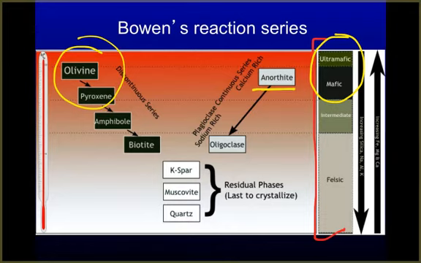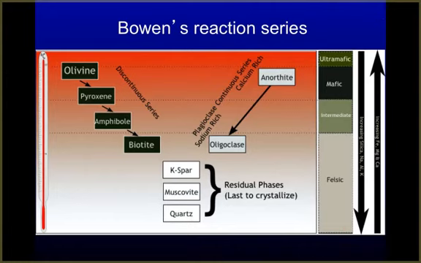Now, there are no modern ultramafic volcanic rocks. There are ancient ultramafic volcanic rocks, but there are no modern ones. Those are called komatiites. Komatiites.